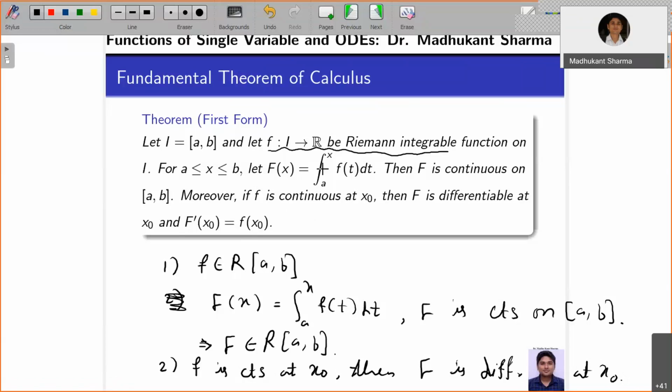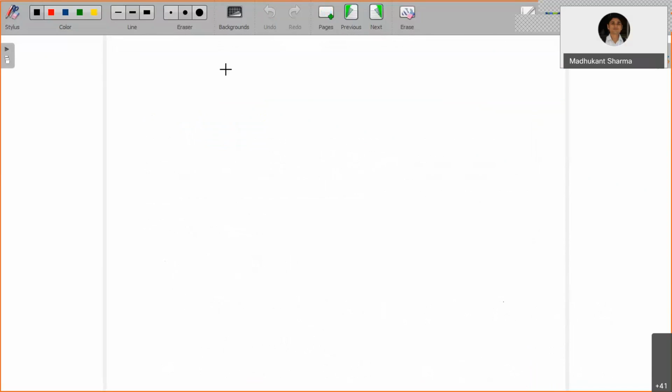To prove that F is continuous on the closed interval [a, b], how do you proceed? For continuity, you have the function definition: F of x is equal to the integral from a to x of f of t dt.